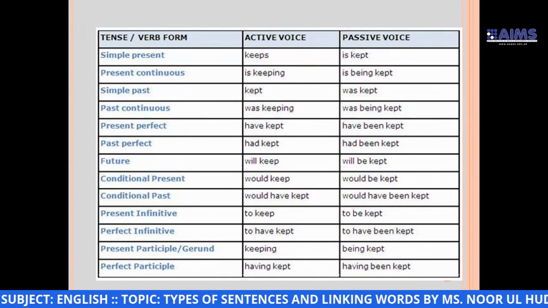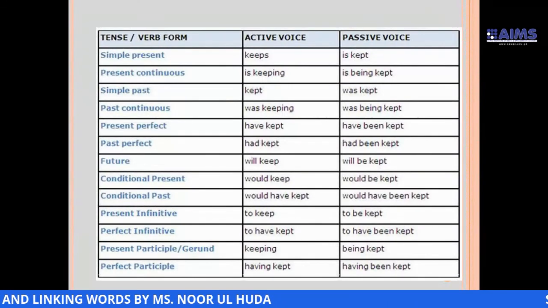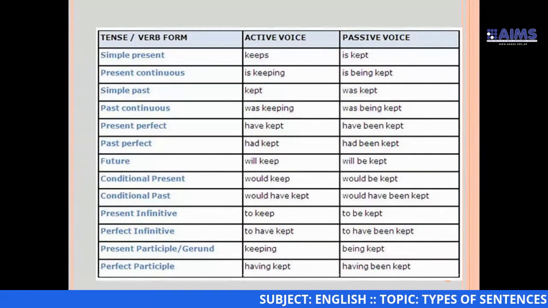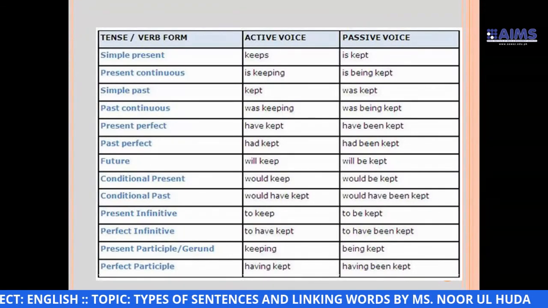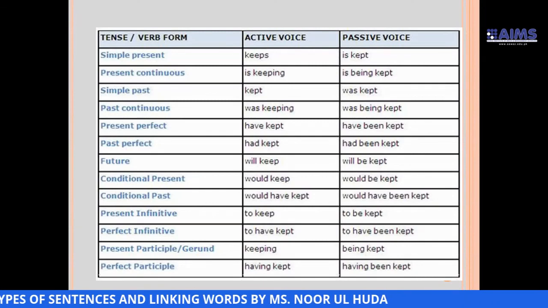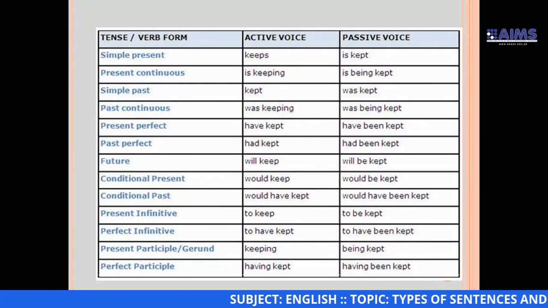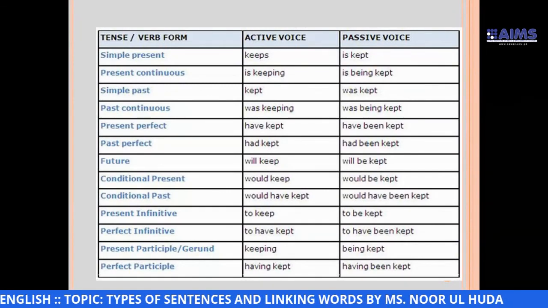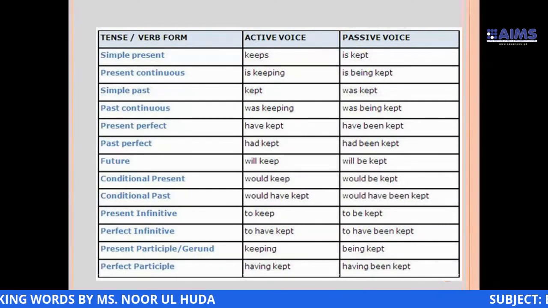So if something comes in the exam asking you to change a present perfect continuous sentence into the passive structure, it remains unchanged. You cannot change it. Okay, so here we end.